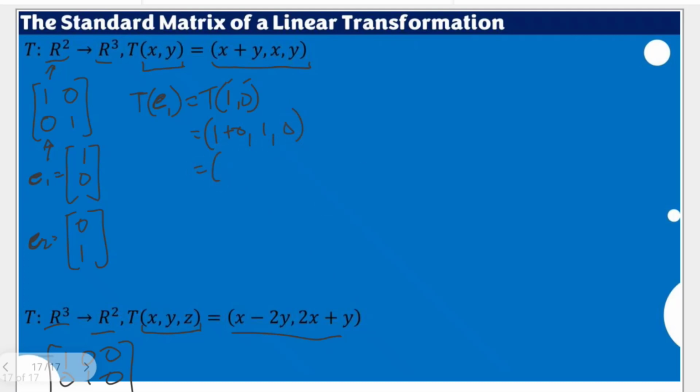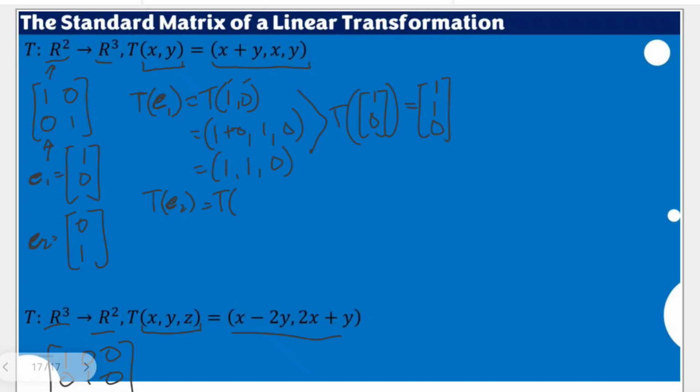Our result is in R3: 1, 1, and 0. Before we proceed, we could rewrite this as the linear transformation of 1, 0 being the result, 1, 1, 0.